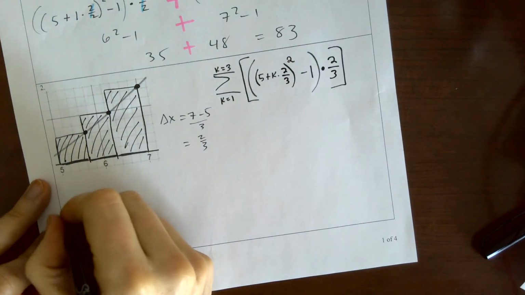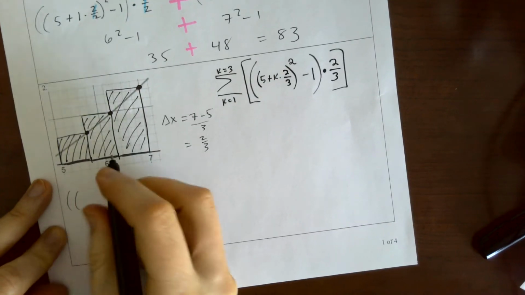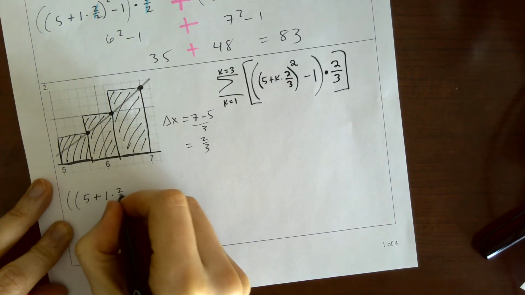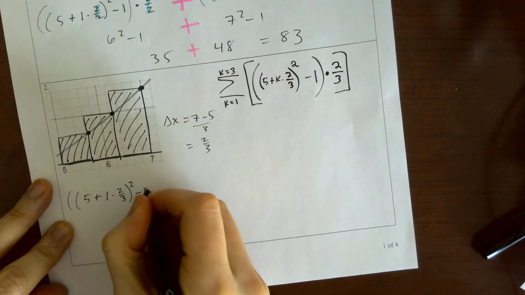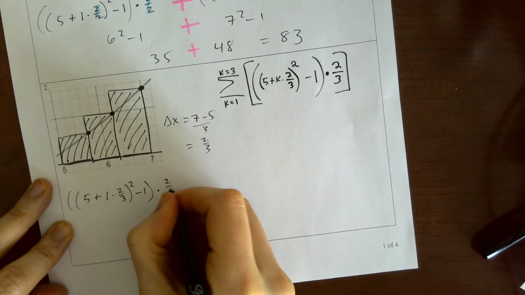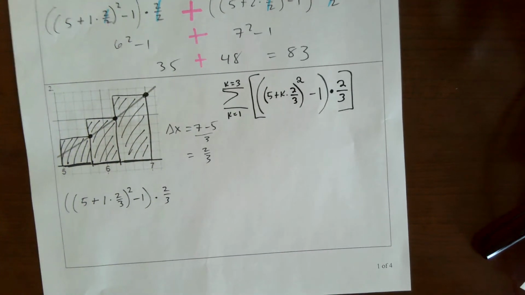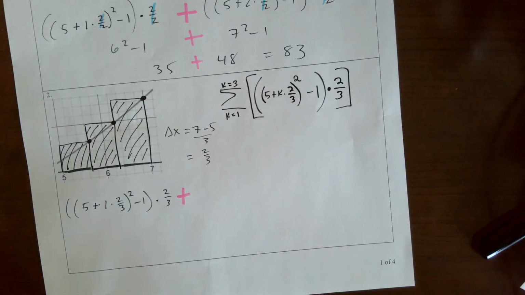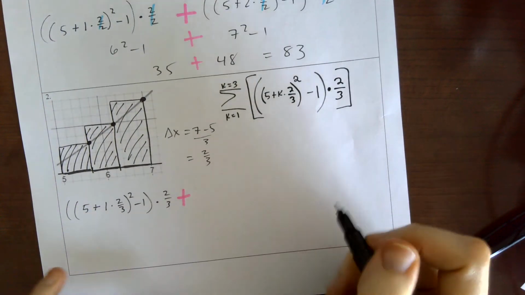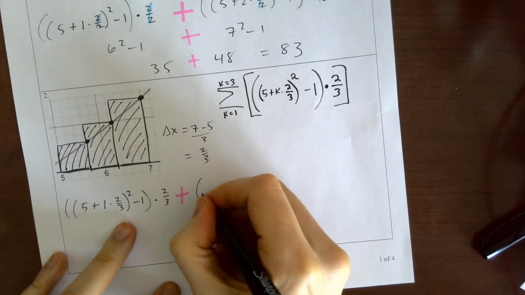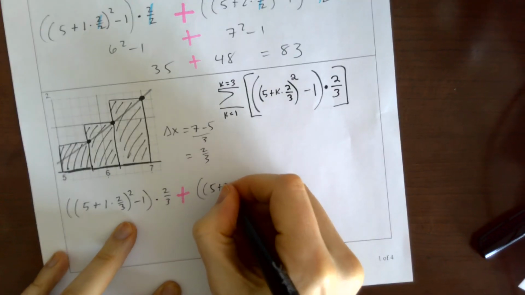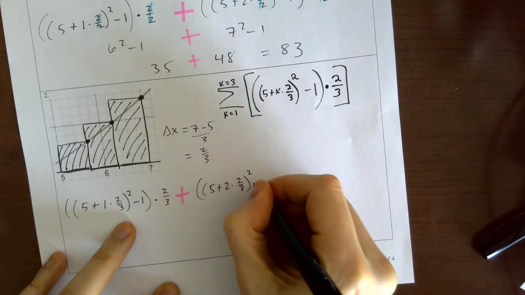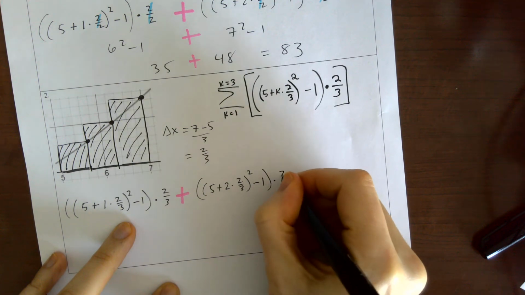So the first term is (5 plus 1 times 2/3) squared minus 1, times 2/3. That's the first term. Plus the second term, where 2 goes in for k: (5 plus 2 times 2/3) squared minus 1, times 2/3.